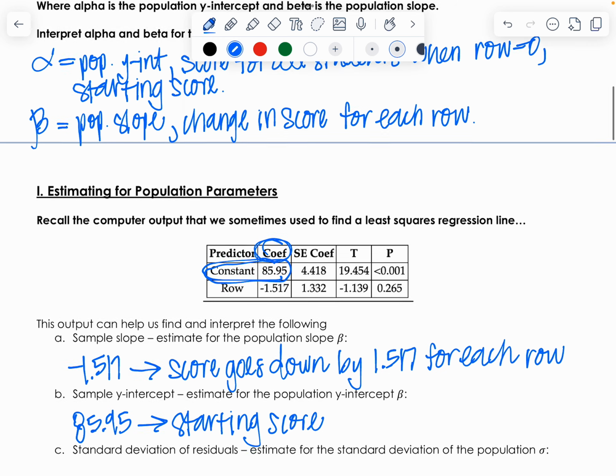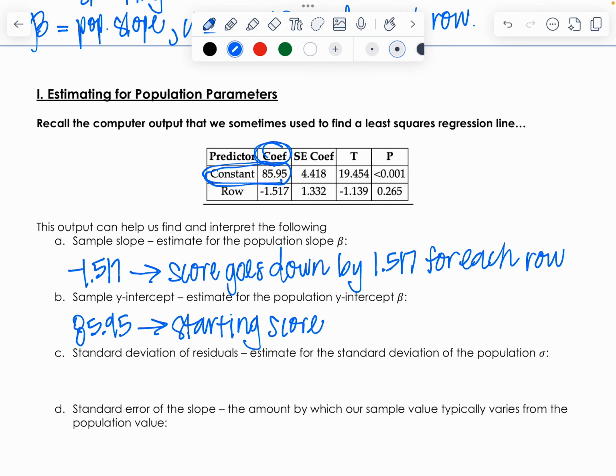Sometimes computer outputs give us the standard deviation of the residuals. That would be written as S. In this case, it's not provided. But remember that that S is the estimate for the standard deviation of the population.